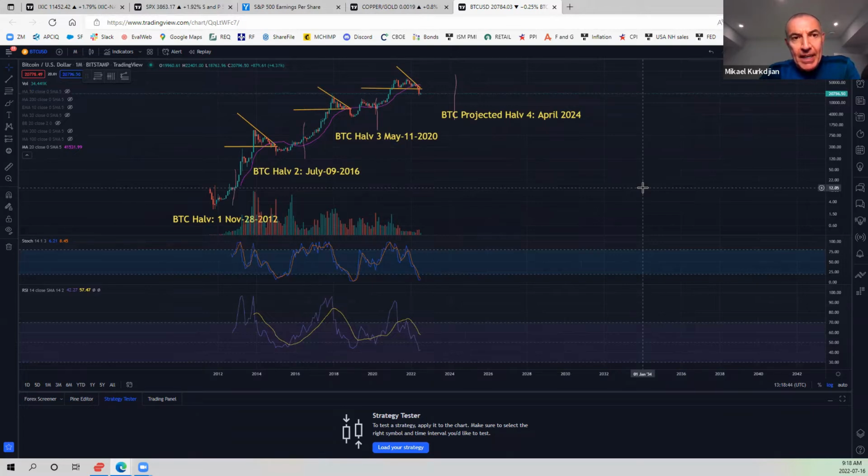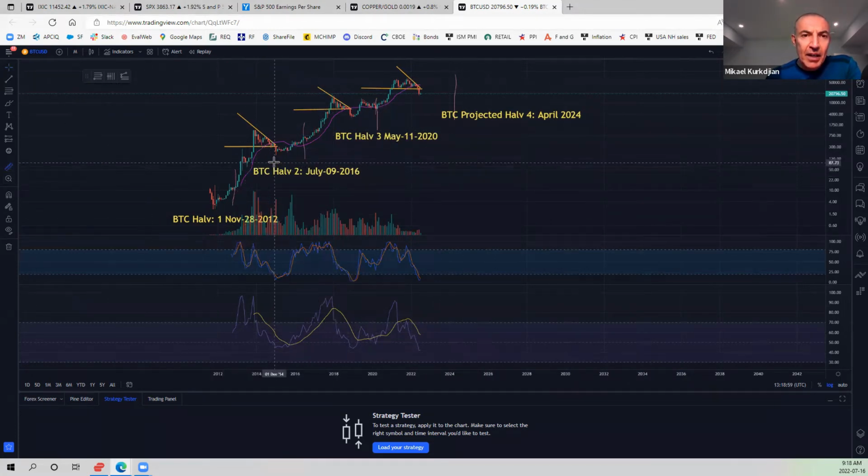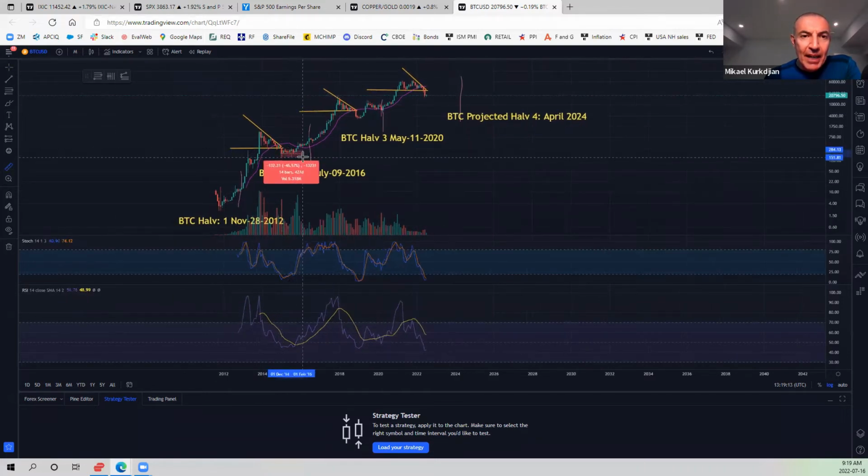What he showed is how each time Bitcoin consolidated in these triangle patterns in the past, and of course the Bitcoin halving dates are put here as well, whenever Bitcoin broke downwards from this kind of pattern, it was finding a bottom. So that was basically where the bottom was. Obviously it took a long time to break out of it.